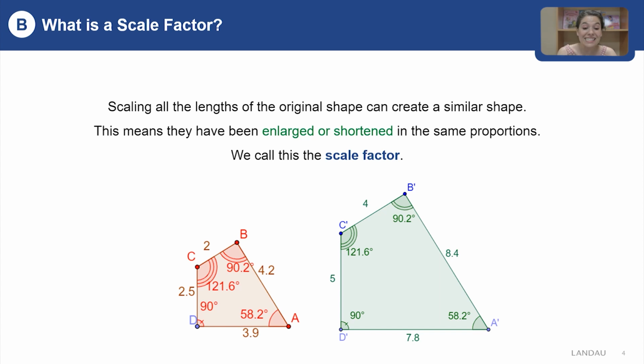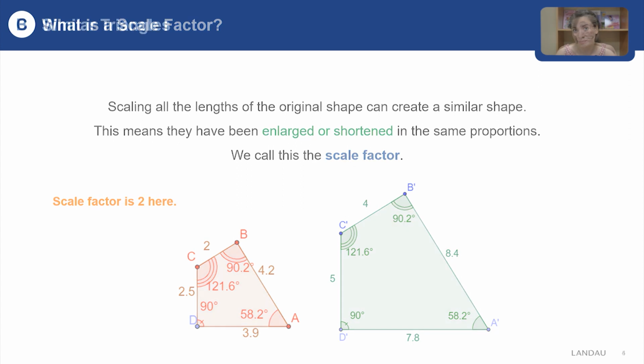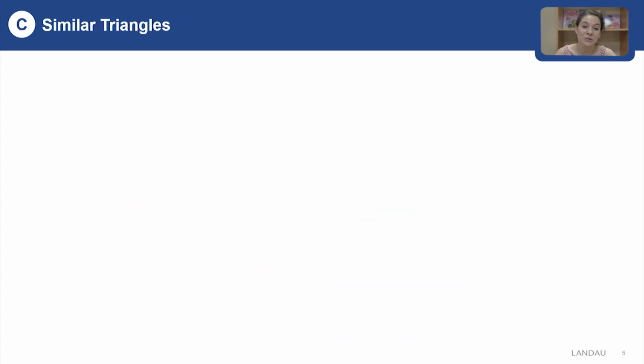Here we have a side CD, and C'D' becomes 5. You see, each and every time the sides just enlarge 2 times. That's the case, we call it scale factor. So we say for these given quadrilaterals, we have the scale factor 2, and they have the same proportion.